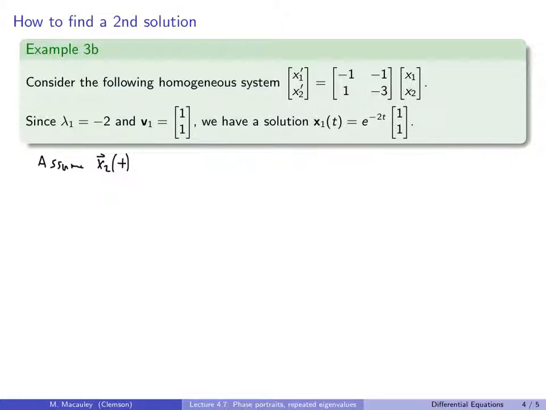So we're going to assume that x2 of t is t e to the minus 2t times v plus e to the minus 2t times w. We're going to assume that the solution looks something like this, and we're going to solve for v and w. And that is always going to work.